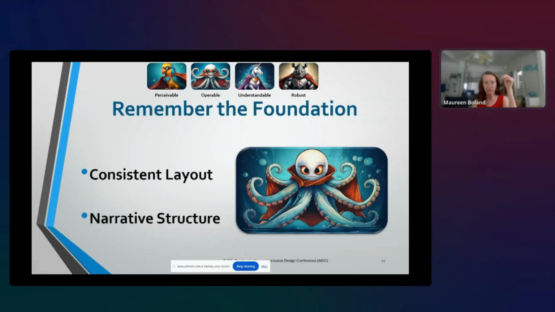And then Opal might also be understandable, but having a consistent layout is important, and in a narrative structure, having a beginning, middle, and end helps orient people.